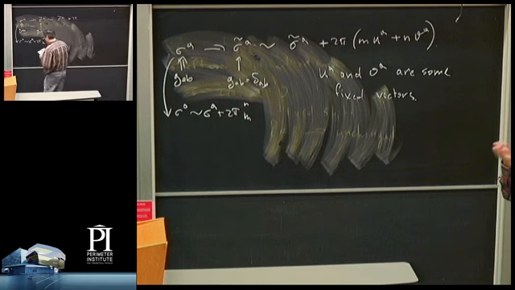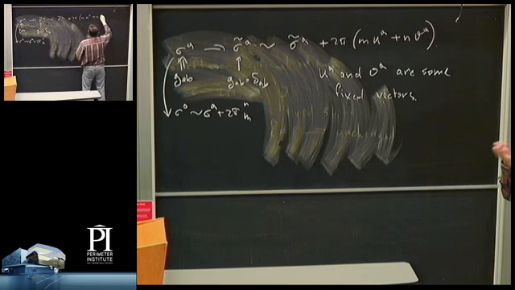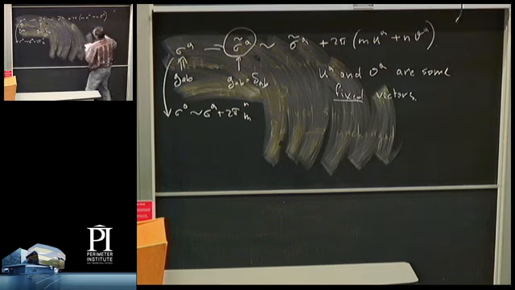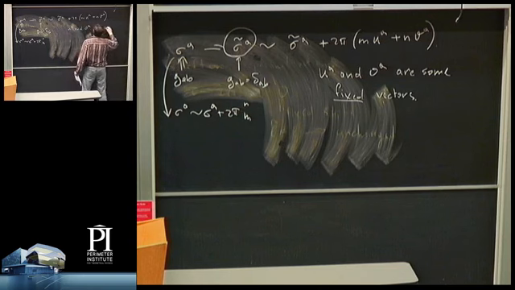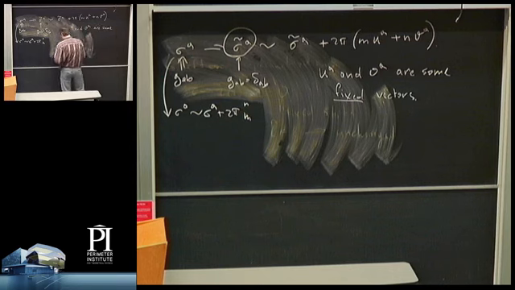Here what I can have in general is m times u_A plus n times e_A, where u_A and e_A are some fixed vectors.